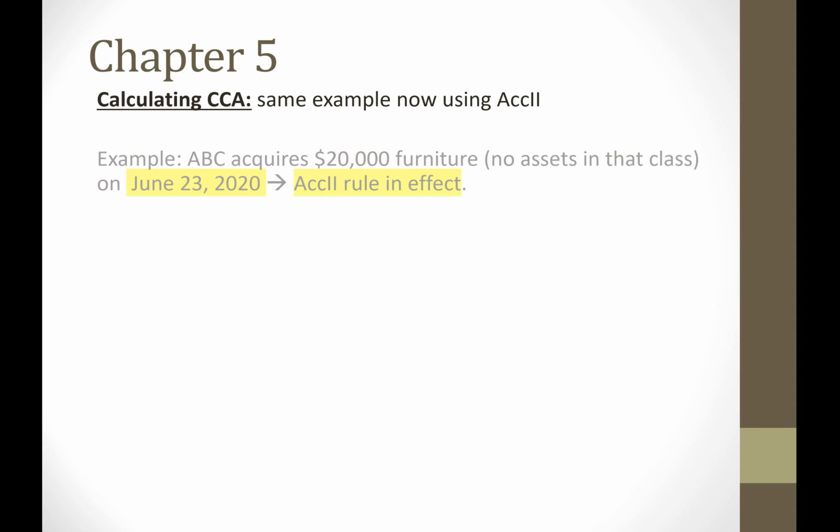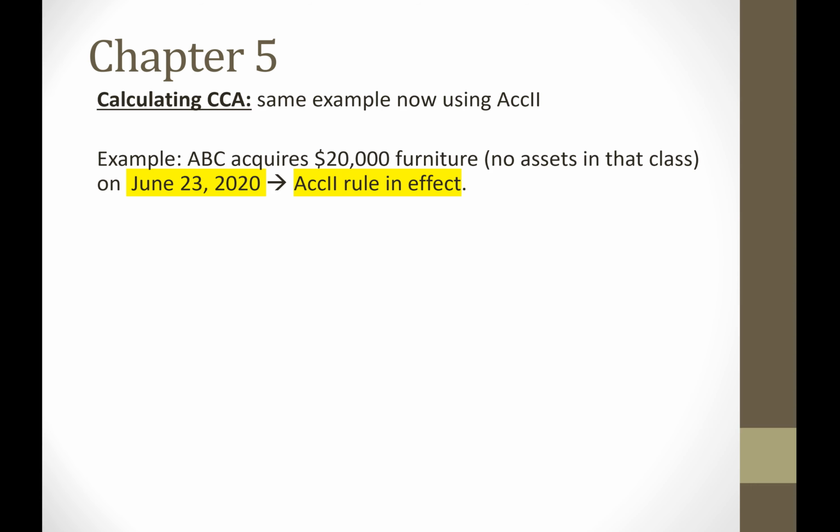So let's move on to the next slide, and let's look at the same example now using the accelerated investment incentive. Now remember, the accelerated investment incentive largely replaces the half-year rule for acquisitions from November 21st onward. So let's use that same example, but let's say now we're in 2020.